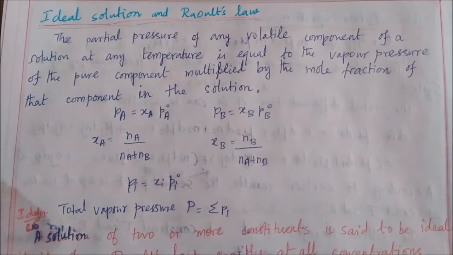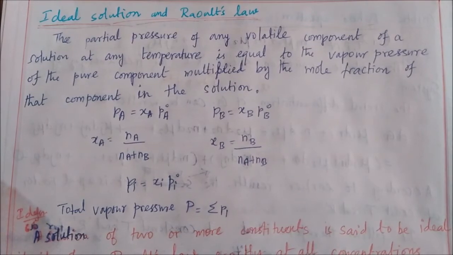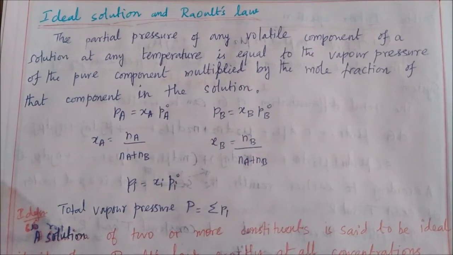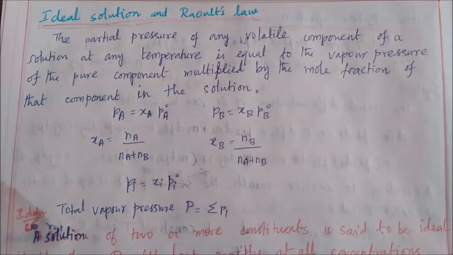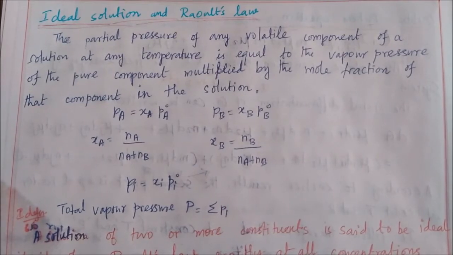What is a solution? A solution is made up of at least two constituents. One is a solvent and another one is a solute. We know what a solvent is. A solvent usually dissolves the material, and the solute is what gets dissolved.